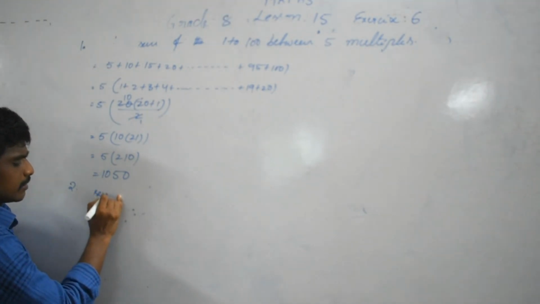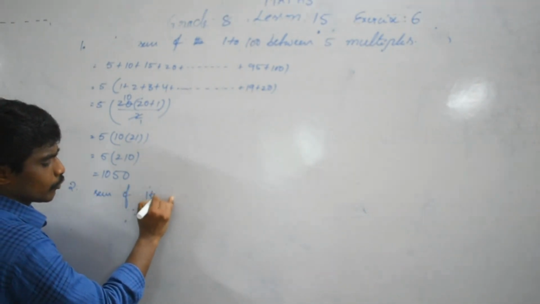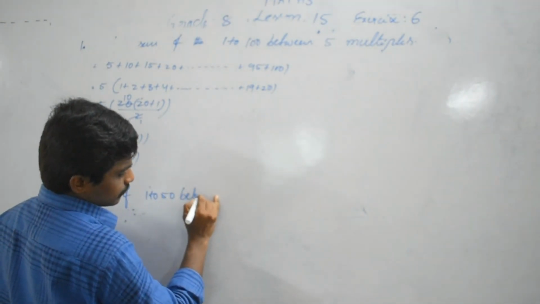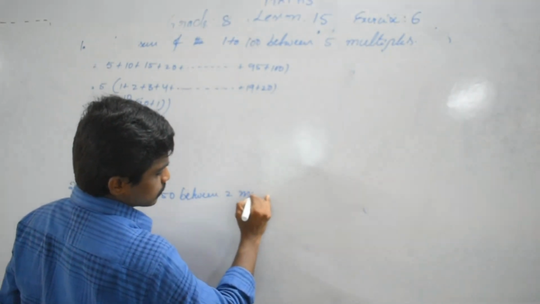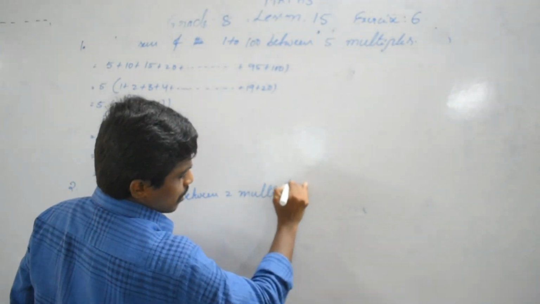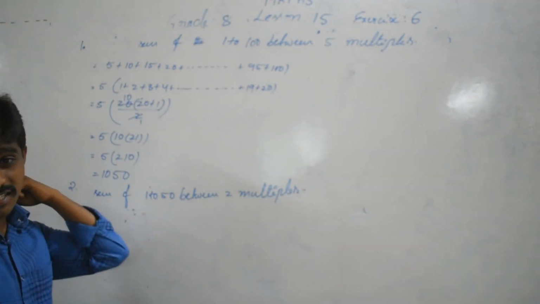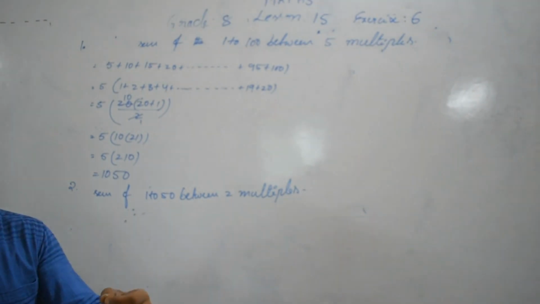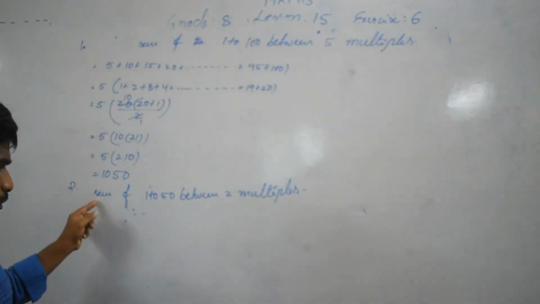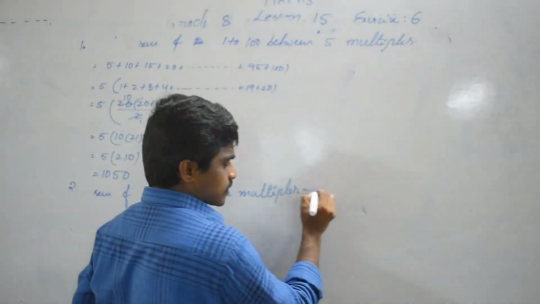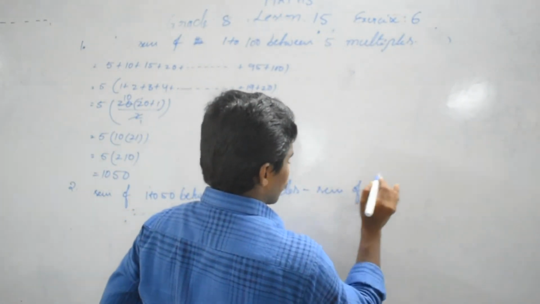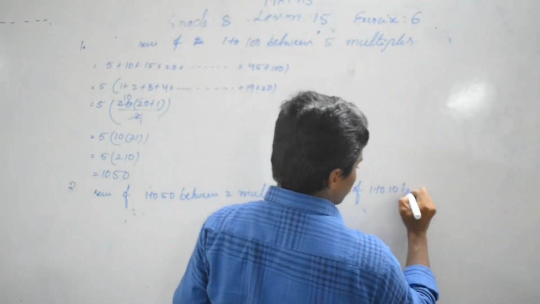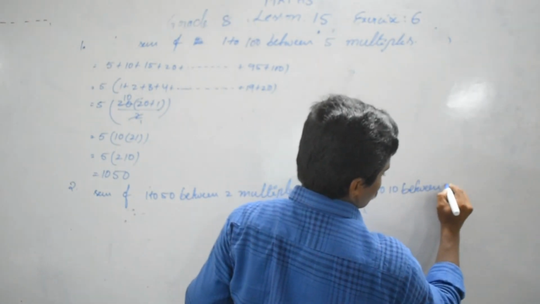Now sum of the 1 to 50 between two multiples, minus, they are asking 11 to 50 only, but I said 1 to 50. So here minus the sum of the 1 to 10 between multiples.